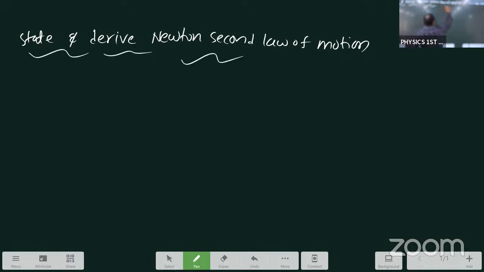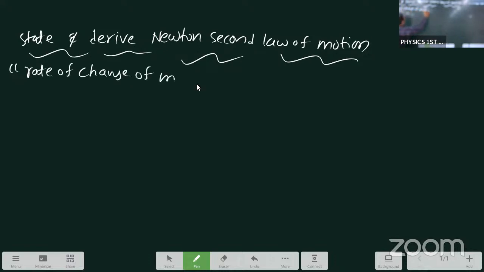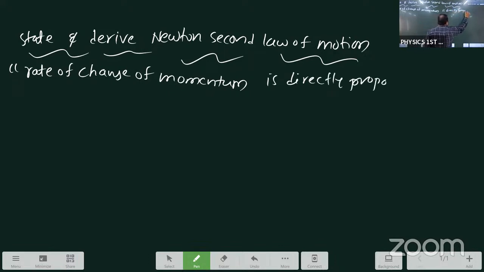Rate of change of momentum. I'm writing the statement. Rate of change of momentum is directly proportional to external force.